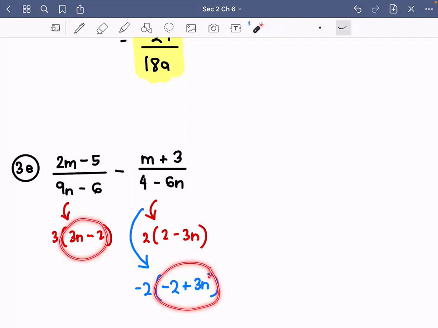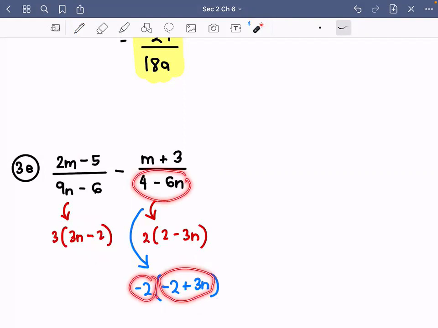So that's the reason behind this. Instead of positive 2, I will divide this expression here by negative 2.